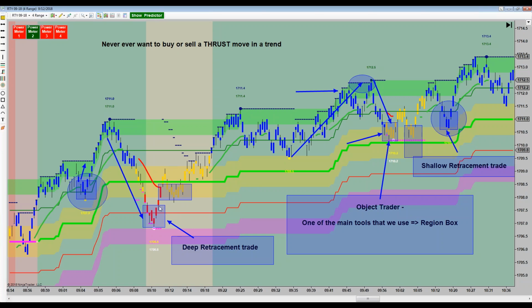In the case of line 2 in a short, and I'll show you examples of this, the short definition, it's got to close above line 2 and a red stealth, which we'll look at, and then roll over and go short. In the case of a deep retracement in an uptrend, and that's why this is a little confusing, that's a deep retracement to line 2, and you're actually buying that bounce. A lot of people struggle with that.